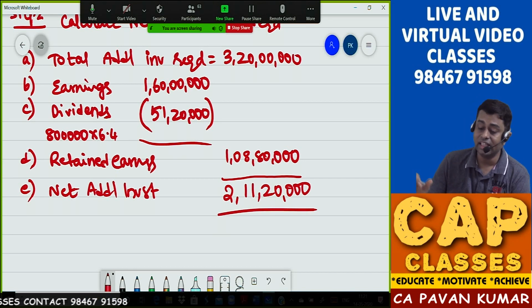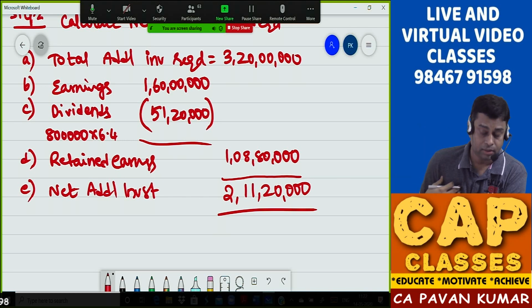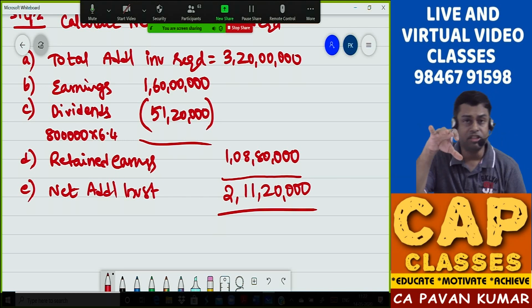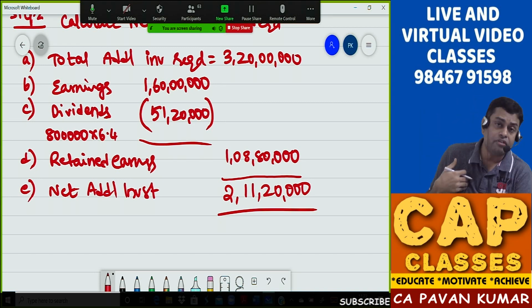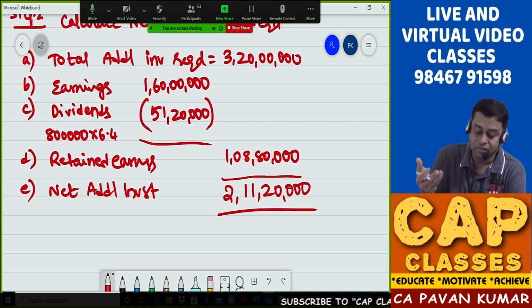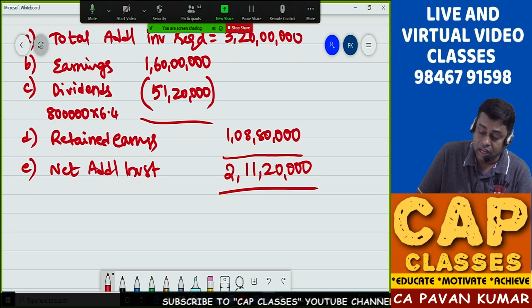So what is this? In step 2 you are calculating what is the incremental additional investment we want. In the question they said total we want 3.2 crores. In that we earned 1.6 crores, we paid a dividend and the balance is retained earnings. So I calculated net additional investment.